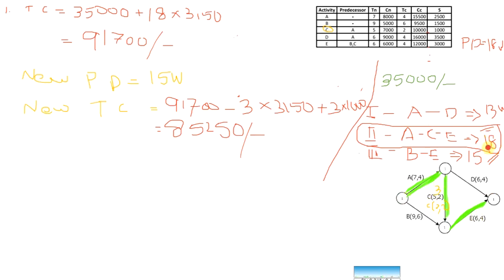ACE has become 15. Path 2 has become 15 weeks. Then what about this path? This path has also become 15, isn't it? 9 plus 6 equal to 15. Path 3 also is 15 weeks. Okay, so that is also a critical path.